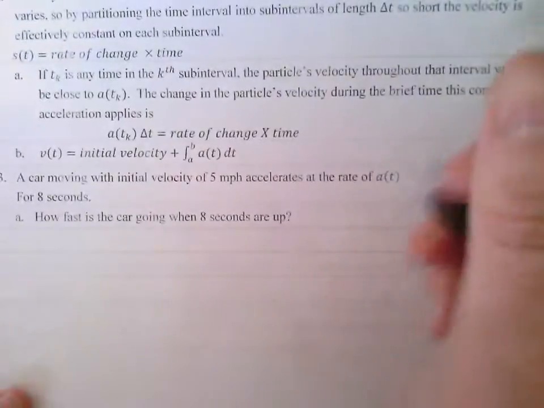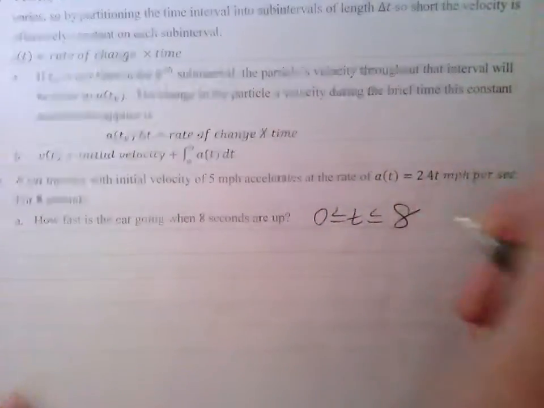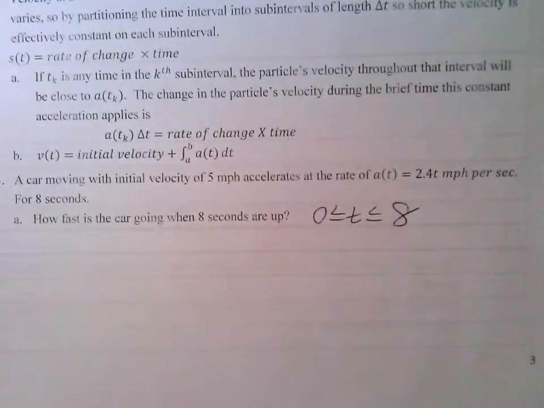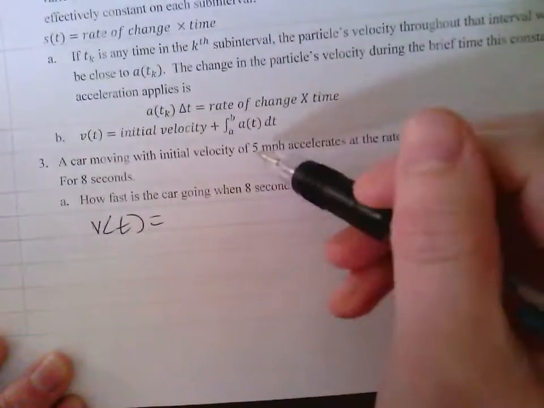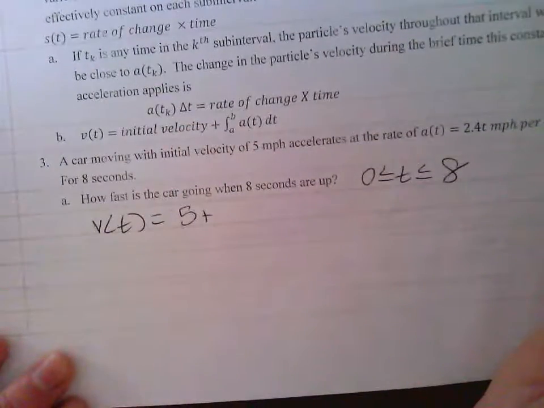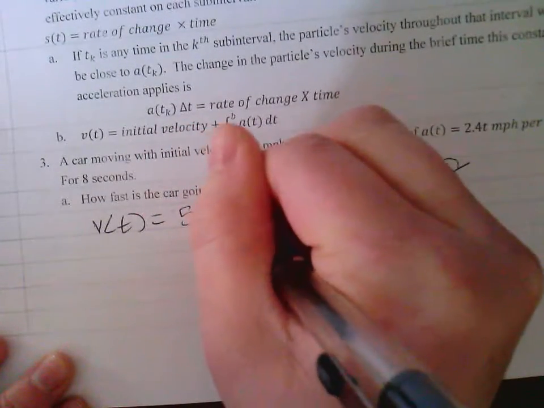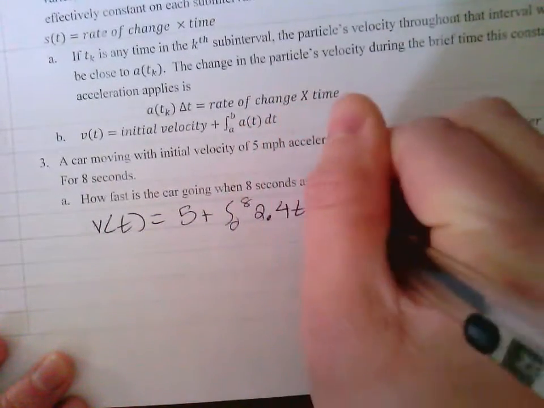So this is our integral, where 0 is less than or equal to t is less than or equal to 8. Okay? So to find the velocity, you're going to do the initial velocity, which is 5, plus the integral from 0 to 8 of 2.4 t dt.